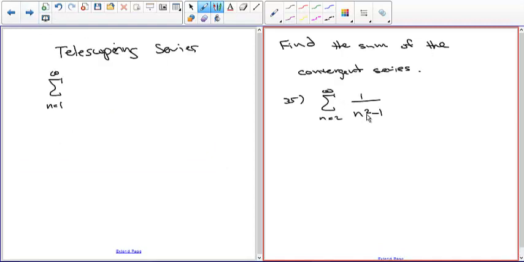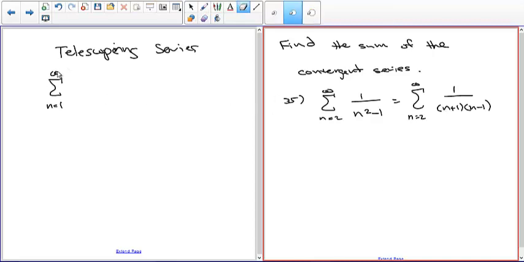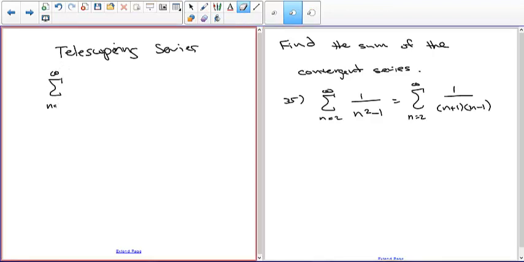So let's look at, I'll show you why this comes out. If you take the denominator of this expression and you factor it, you'll have n plus 1, n minus 1. So we'll use this as an example of a telescoping series, and I guess you have to start from 0. So if you factor the denominator, and you have two terms, one that's plus something and one that's minus something involving n.